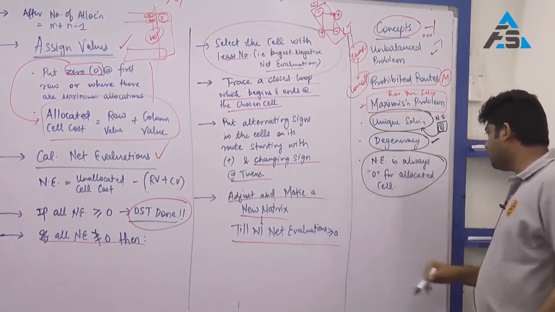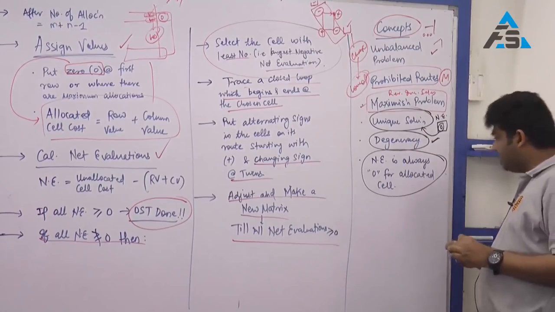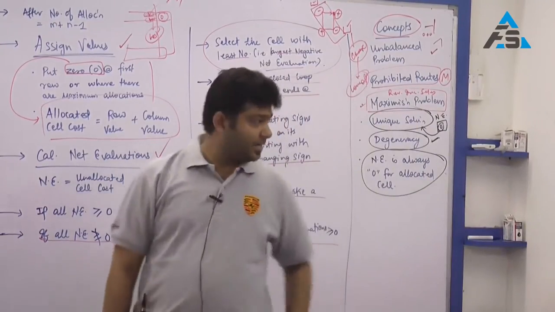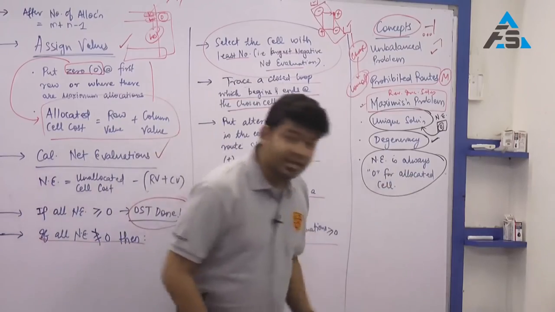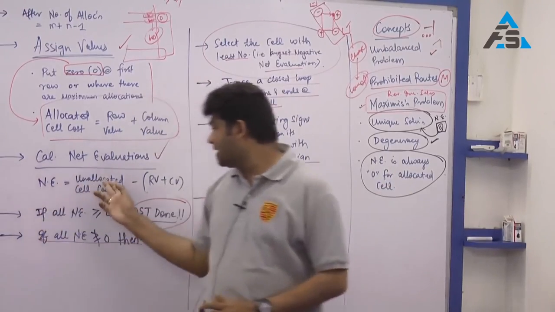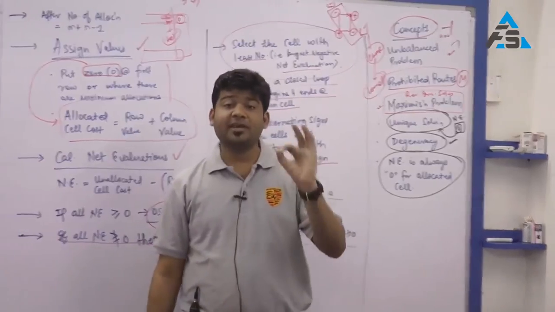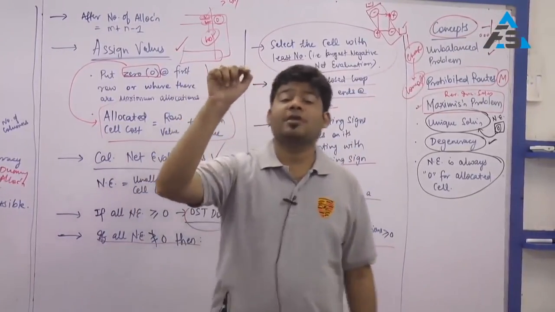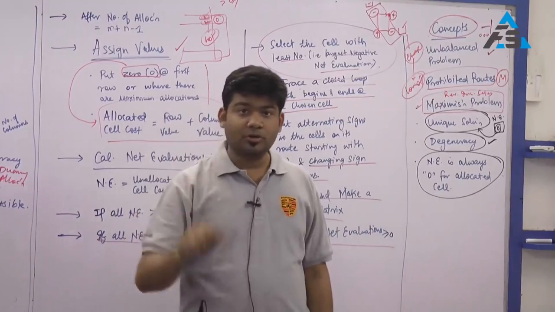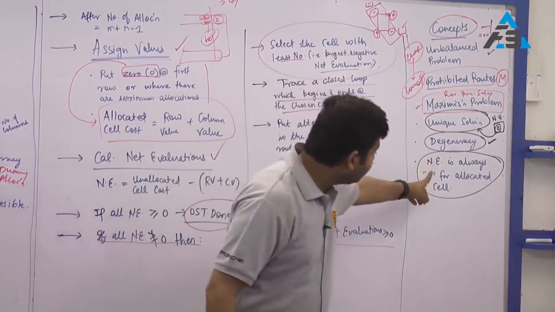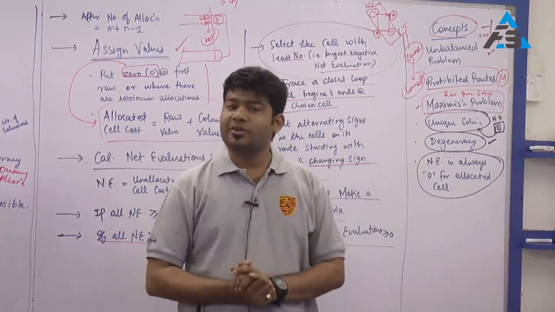Then comes net evaluation. Net evaluation is always 0 for allocated cells. What is net evaluation? Net evaluation, we know, is unallocated cell cost minus row value plus column value. Wherever there is an allocation at a cell, the net evaluation will always be 0 for that cell.